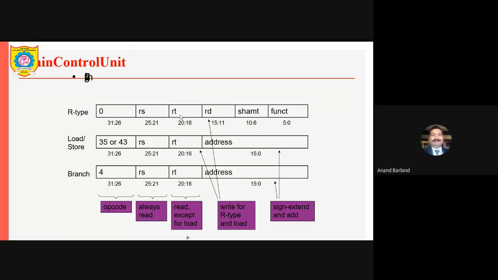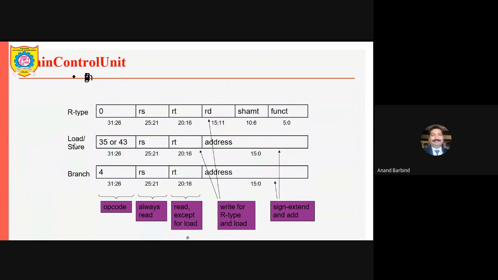So the operation will be performed on the 2 registers RS and RT, and the result is stored in the RD register. RS is the source register, RT is the target register. Though the name is target, in case of R type of instruction, RS and RT both are the input operands, whereas RD is the output operand. That means in the third register the result is stored. Okay. The space for each of RS, RT, and RD is 5 bits. That means they specify one of the 32 registers.